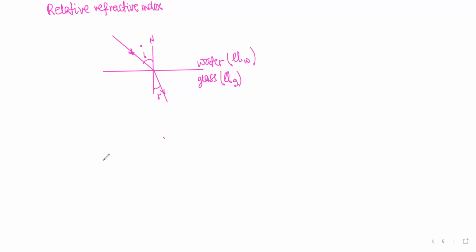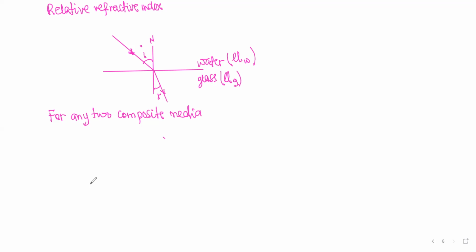Now, one of the rules we have under refraction of light is this. For any two composite media, the word composite here means joined. So we are joining water and glass. How we join it is our own cup of tea.